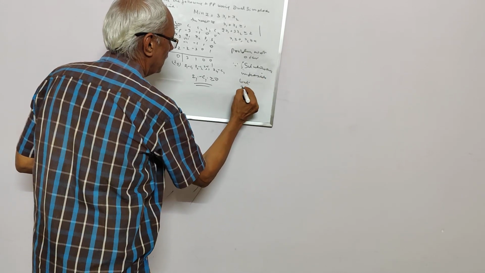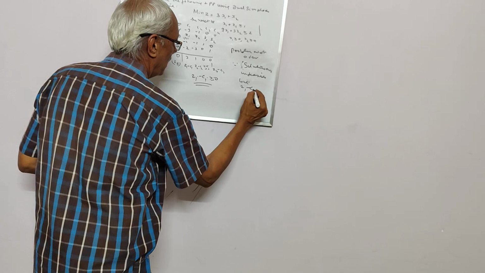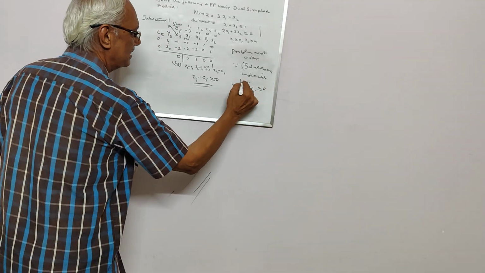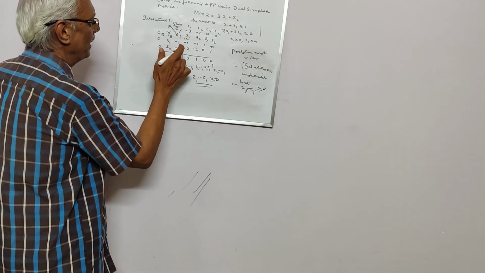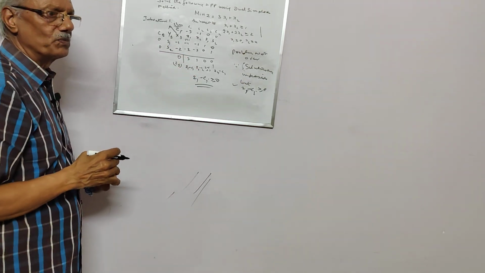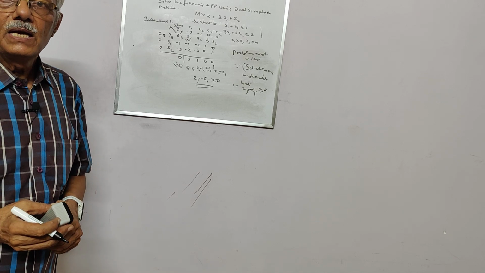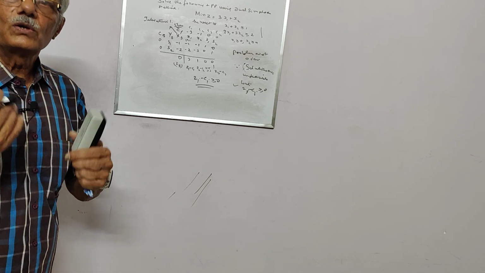But this condition is satisfied, but S1 is equal to minus 1, S2 is equal to minus 2. Therefore, feasibility is not achieved, the solution is not arrived at, and we have to move on to the next step.